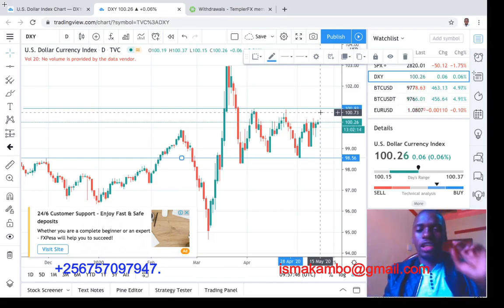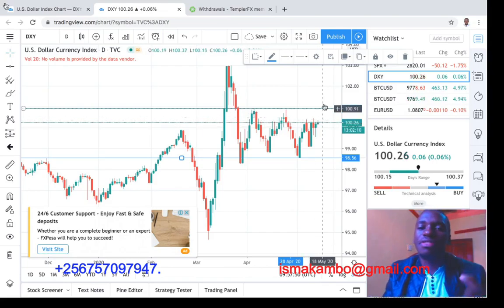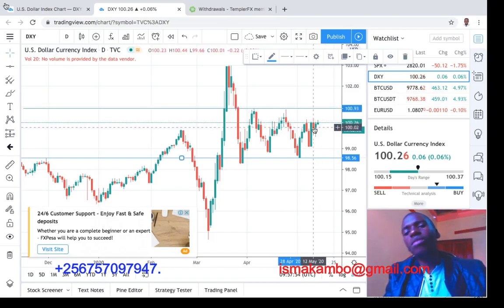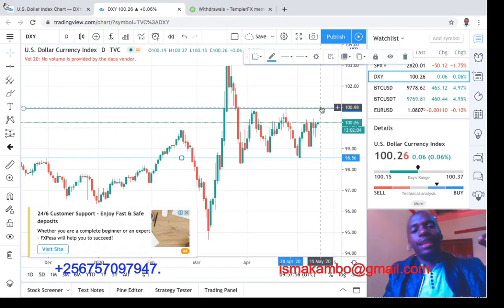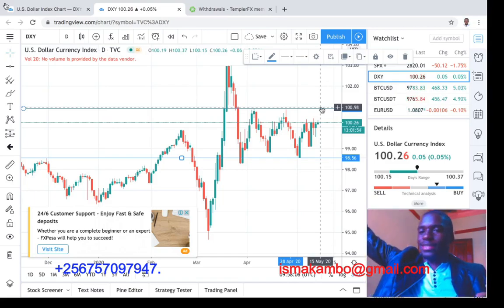Let's proceed. So having made an assumption that if this reaches here and reverses down, it will show that the dollar will be going down. It being a negative correlation, it will mean that automatically gold will be moving upwards.